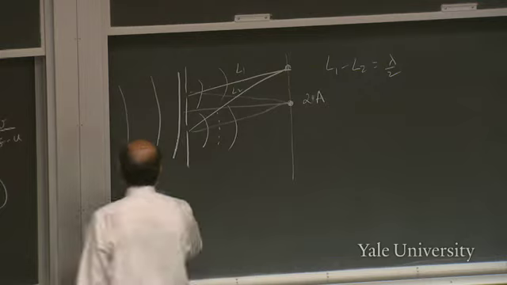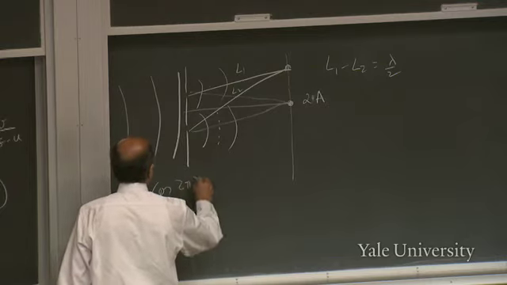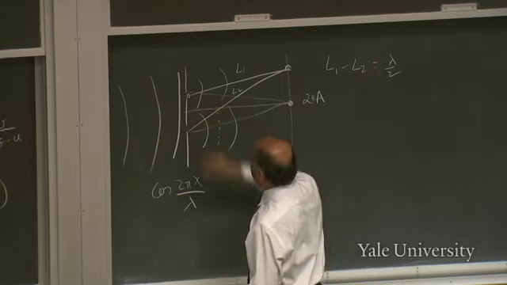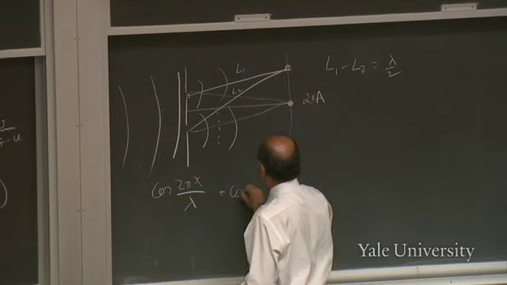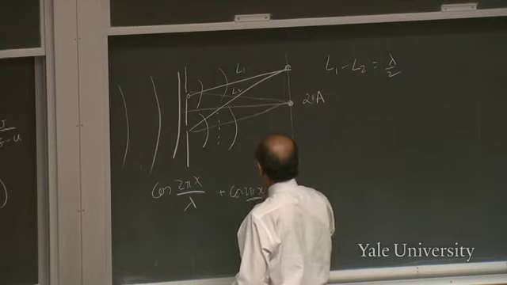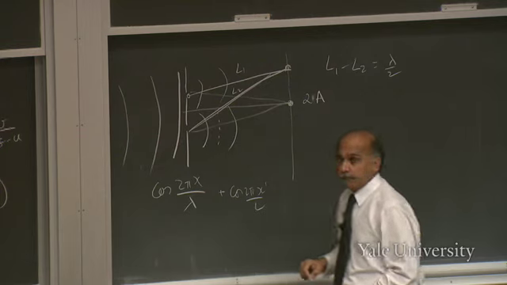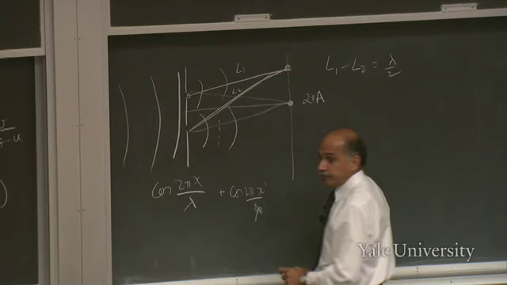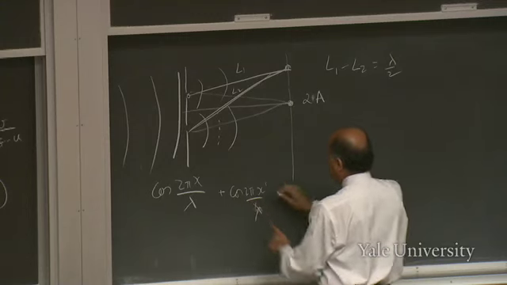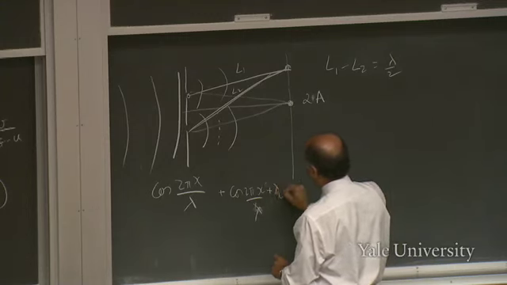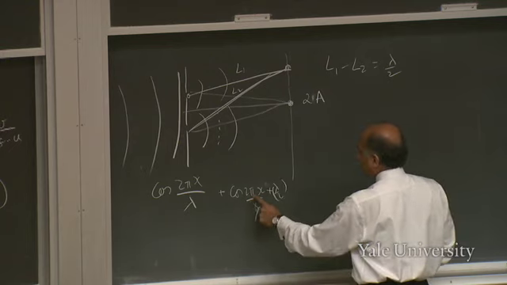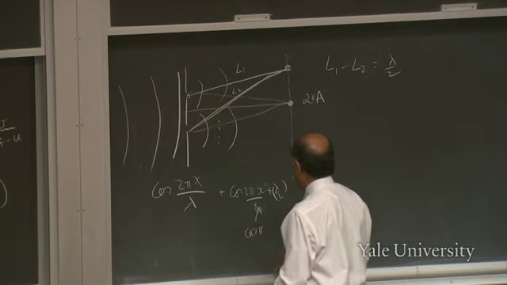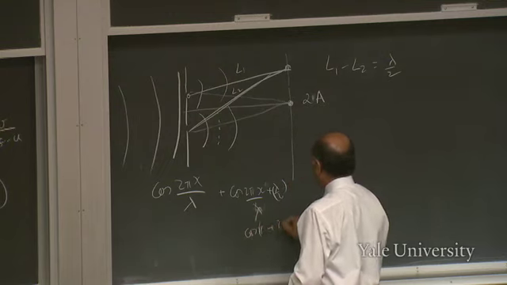Let's understand why. The way it travels is cosine of 2 pi x over lambda, where x is, say, measured from here. For the other guy, it is 2 pi times x prime over lambda, where x prime is that length. If that length is longer than this by lambda over 2, if this is x plus lambda over 2, look what you're getting extra. 2 pi times lambda over 2 divided by lambda is really pi, so cosine of pi plus what the other person got.